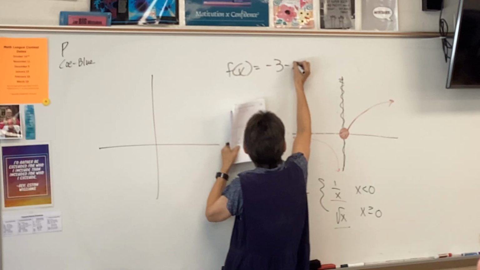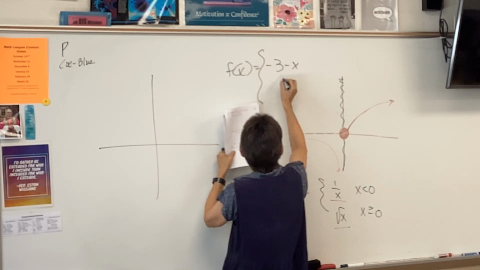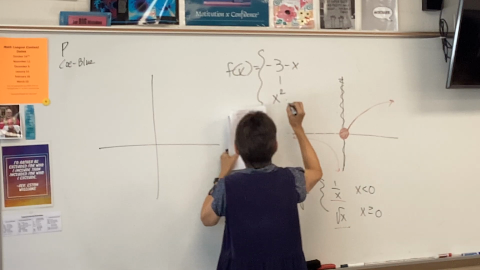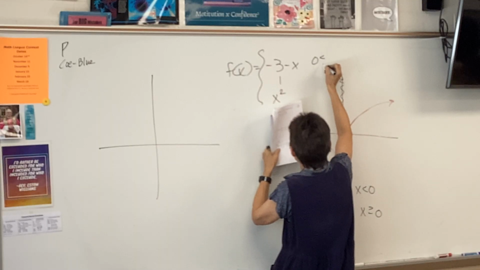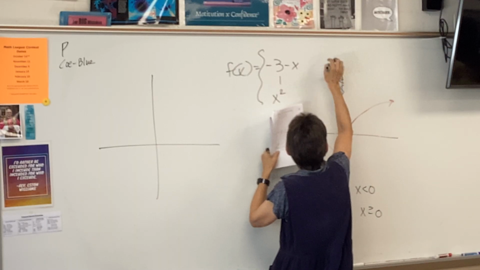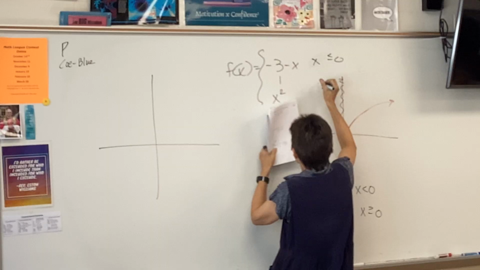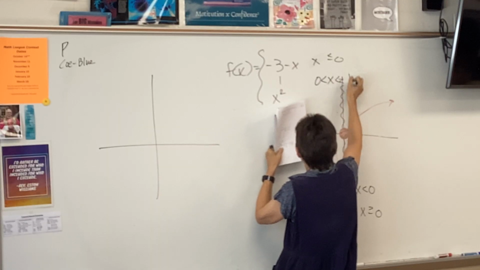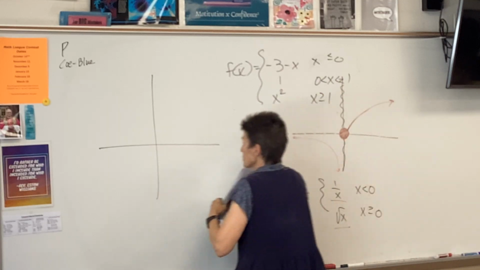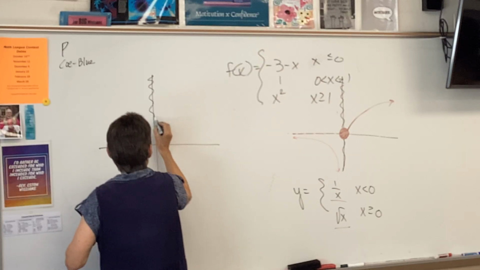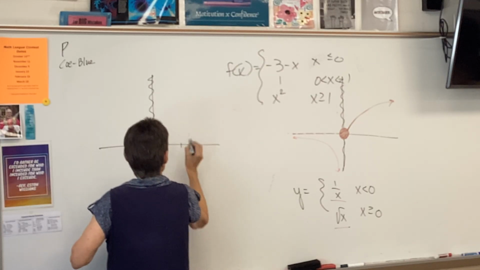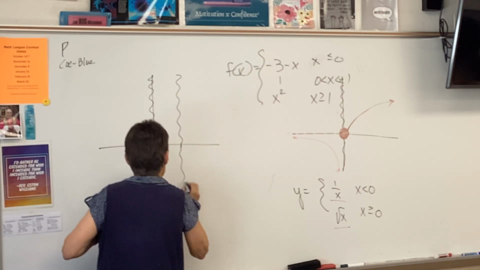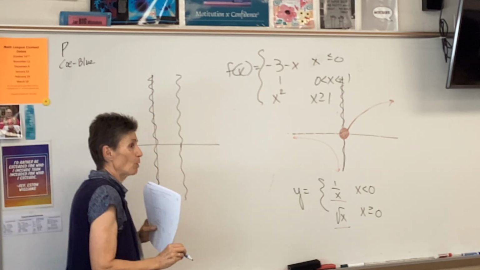The picture is going to be broken at 0 and at 1. So I'm going to go ahead and put my crack in my picture here and here. That's where my picture is broken.